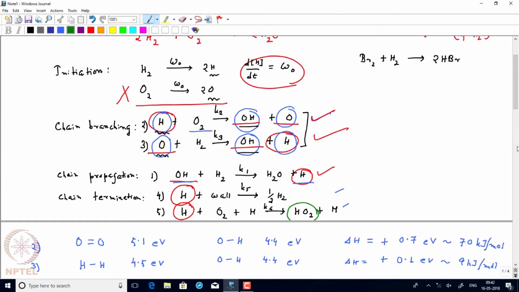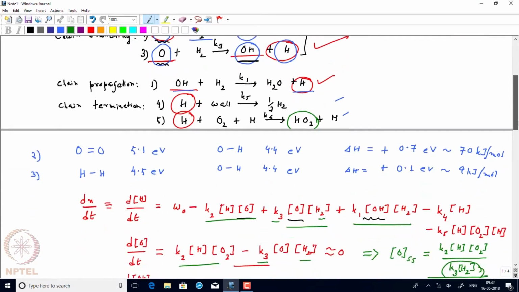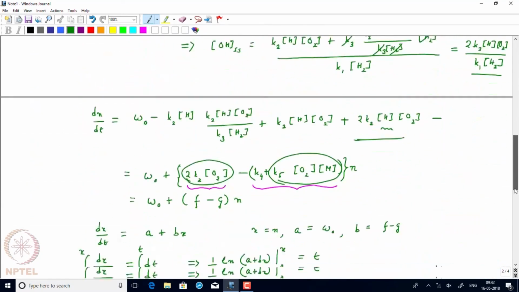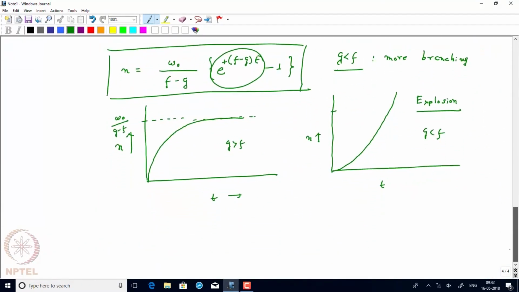This species is, by the way, spectroscopically identified in the oxyhydrogen flame, and that's why people proposed this particular pathway. Then you can explain under what condition the termination dominates, and under what condition you will not have it, but radical production or branching dominating. In those cases it will be uncontrolled, or explosion.